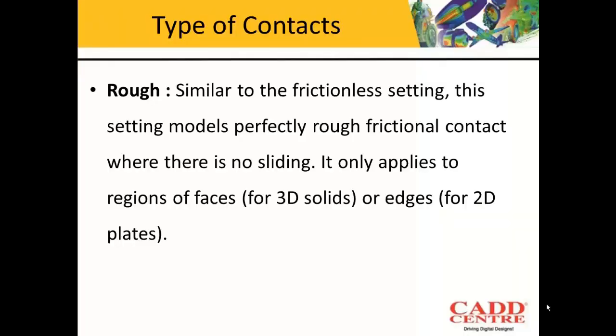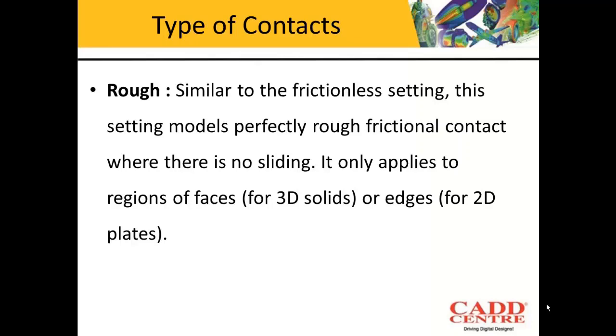So I'll repeat it once again. Rough contact is a rough frictional contact where there is no sliding, but the surfaces are allowed to separate depending on the loading. That means if the load applied is going to cause some separation, the separation will occur, but it will not slide against each other, and the coefficient of friction, that is mu, is considered to be infinite in this type of contact.